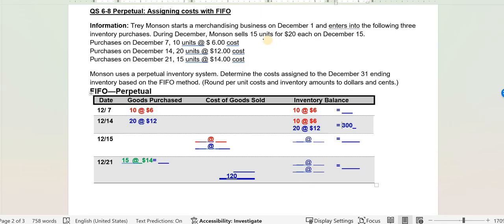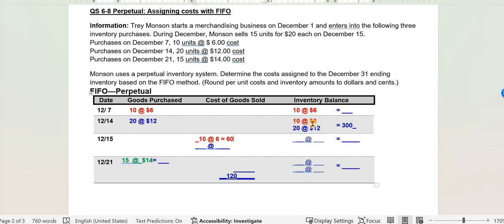Now, what happens on the 15th? He sold 15 units. So this is FIFO. We're doing first in, first out. Our first units in were our red layer. We sold 15. There's only 10 units, so we're going to use up all 10 units in that red layer that cost me $6 each. AKA $60 worth of inventory.